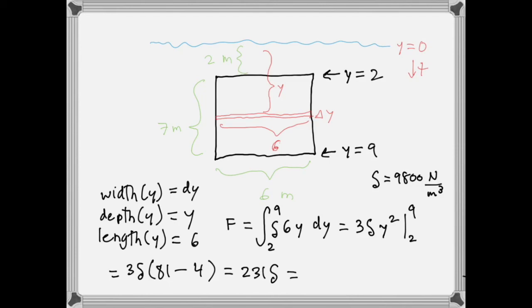Remember, 9,800 is my delta. So if you multiply 231 by 9,800, you end up with 2,263,800 newtons.